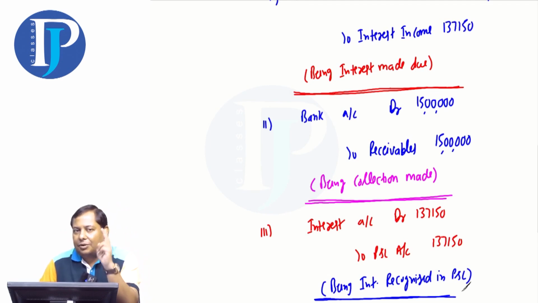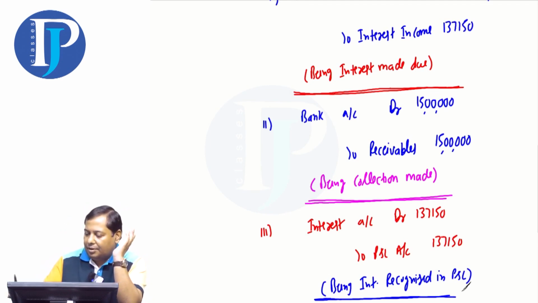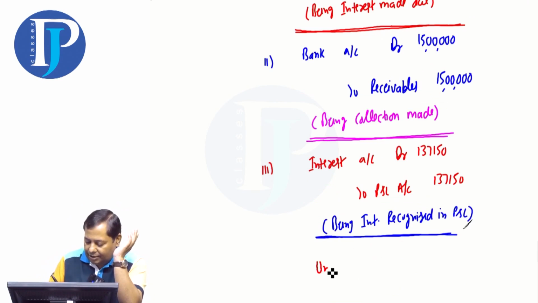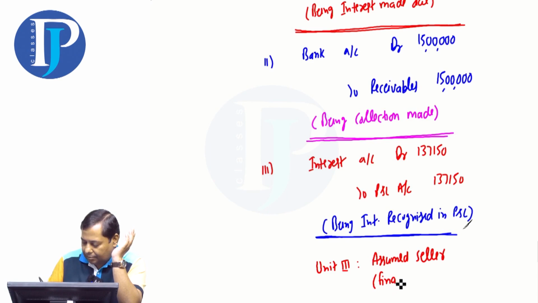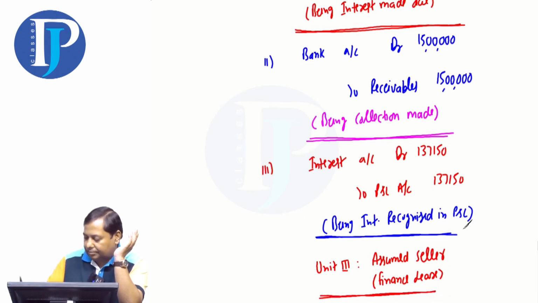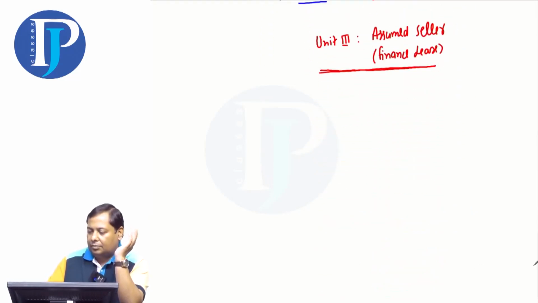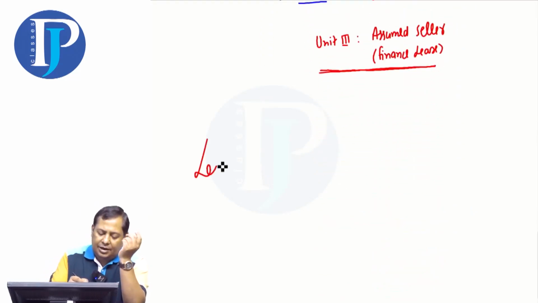Unit 1 is done. Unit 2 is done. Create another heading, unit number 3. And this unit has assumed seller. In case of finance lease, do you know about the entry passed by lessee?